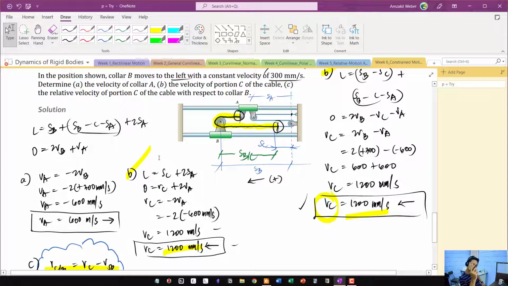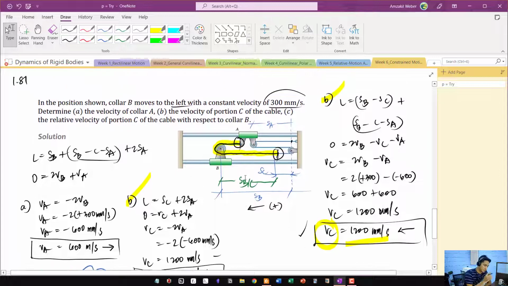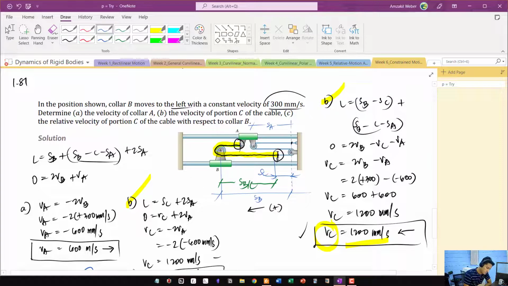My suggestion for you now is to try to solve this same problem, but this time have a datum line on the left side, this one. If you can generate the same answers A, B, and C, that would mean you really understood the key concepts of this type of problem. So that's all for today.